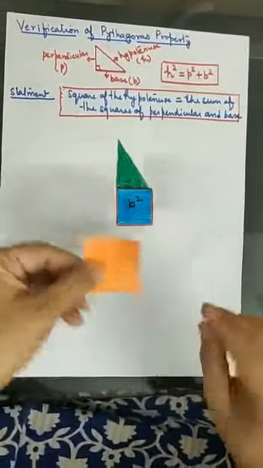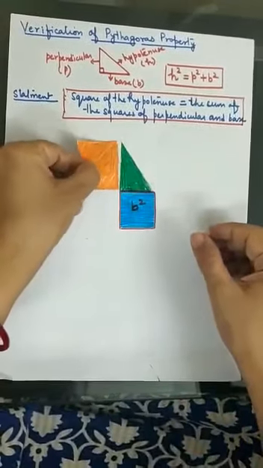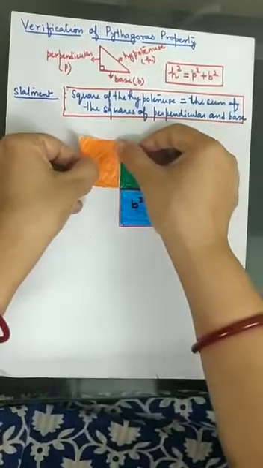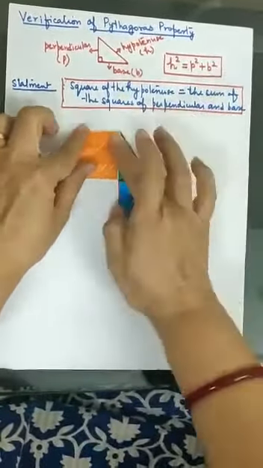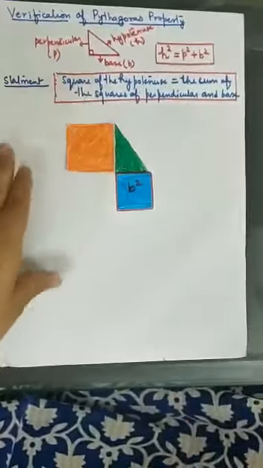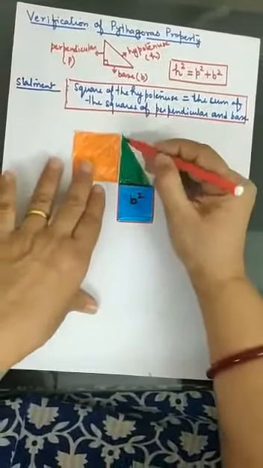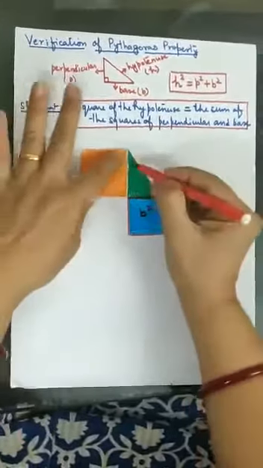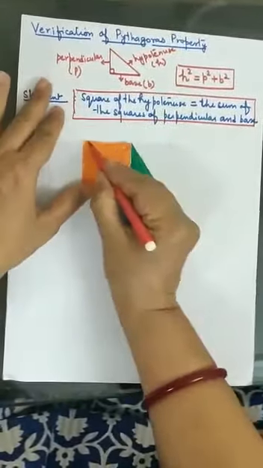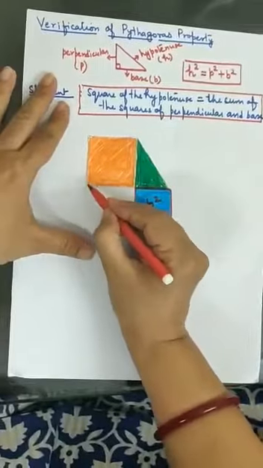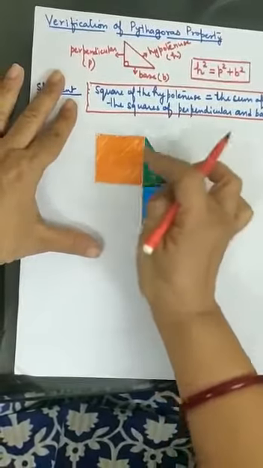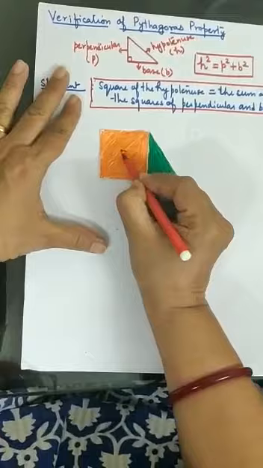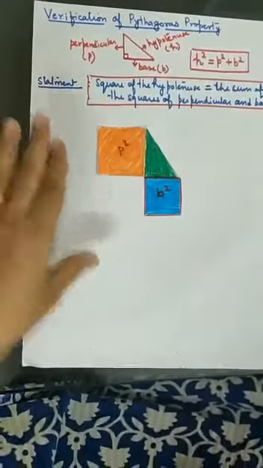So area of this square becomes B square, right? Now we place one square here. Okay, this side was what? P, that is perpendicular. So if this is P, so this is also P, this is also P, and this is also P, and when you take the area it becomes P square.